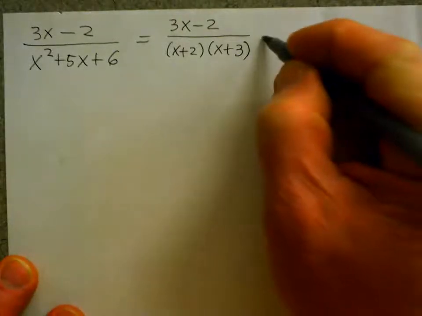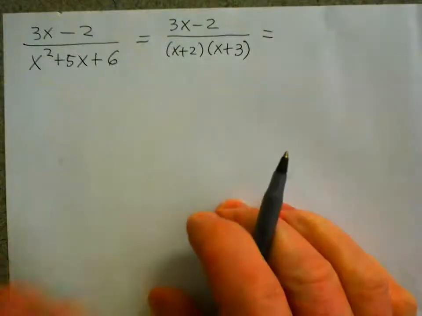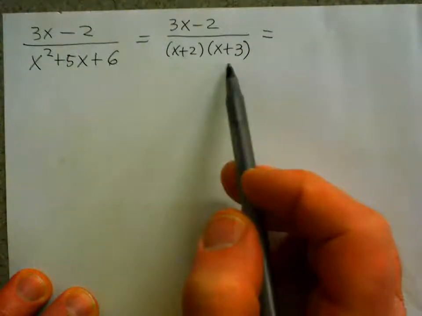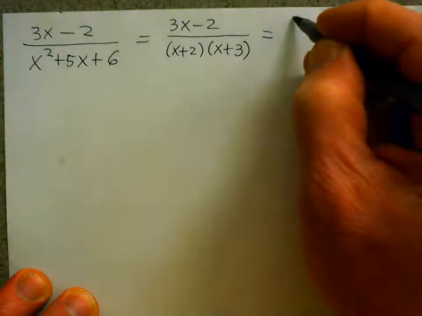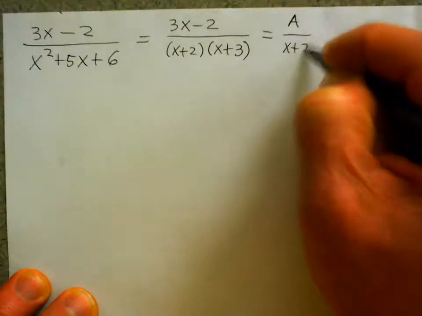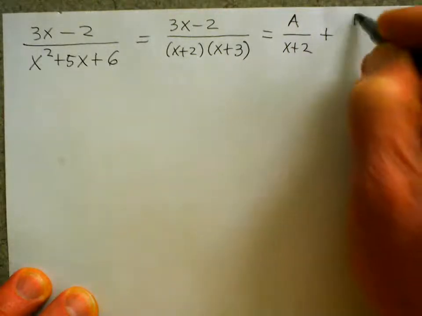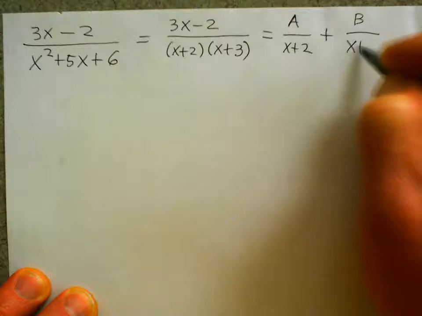So according to what was stated on the previous page, this can be written as some constant a divided by x plus 2 plus b over x plus 3.